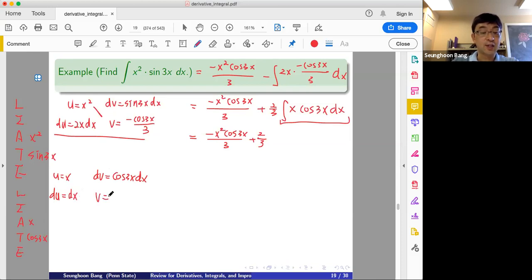The v is the integral of cosine. The integral of cosine is sine 3x over 3. This is v. So what's that? You can use a bracket. First one, u times v. So we have x times sine 3x over 3, minus the integral of v times du, sine 3x over 3 dx.